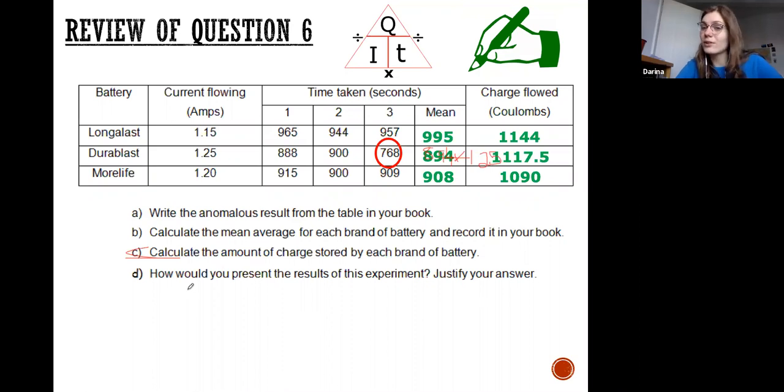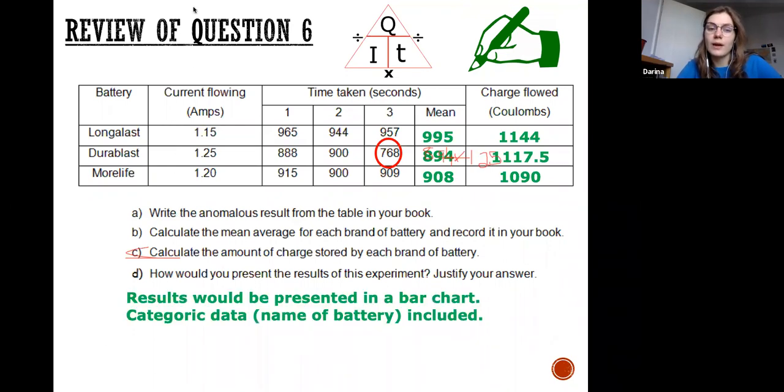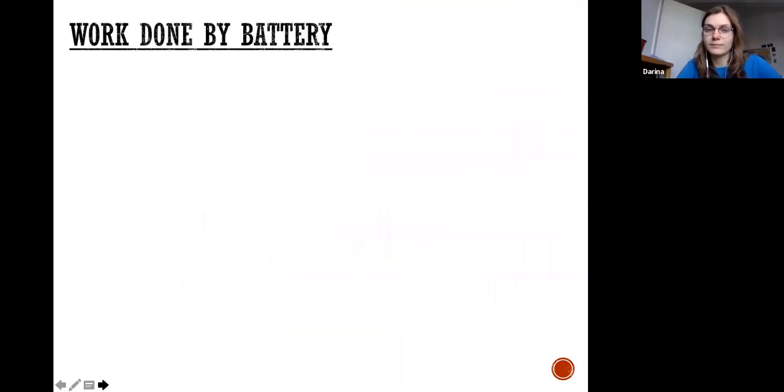Well, it's categorical data, isn't it, right? So you couldn't really do it on a linear thing because we have different types of batteries that we have to put on. So probably the most adequate way of displaying the data would be in a bar chart. So at the bottom, you would just have a name of battery and the corresponding bar for the charge flowing.